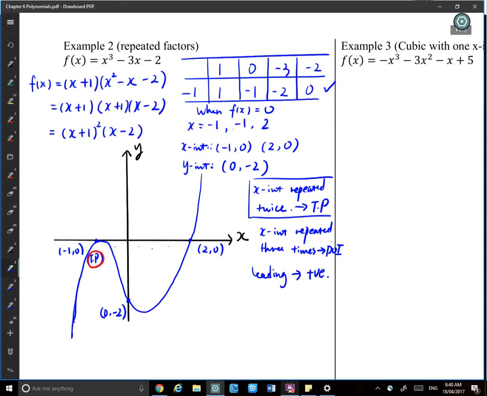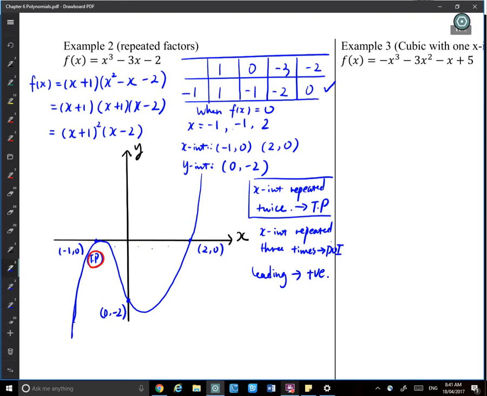So if it repeats twice or an even number of times, for example twice, 4 times or 6 times, that all becomes a turning point. If it repeats 3 times, 5 times, 7 times and so on, it will become a point of inflection at that x-intercept. So we have x plus 1 twice, so minus 1 will become the turning point. Also, I have another point at 2.